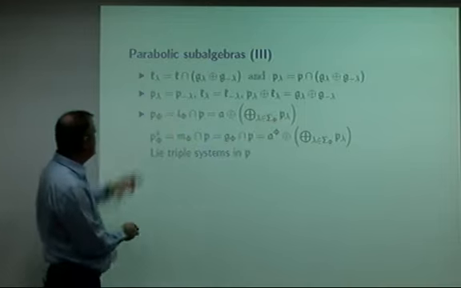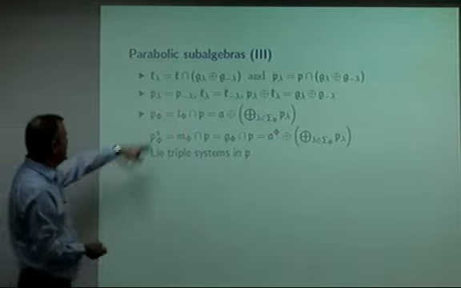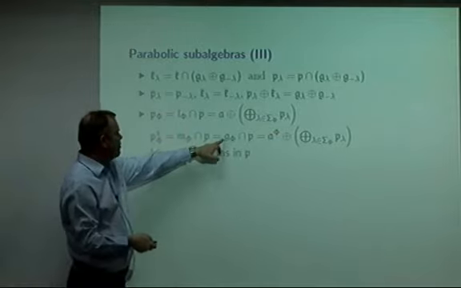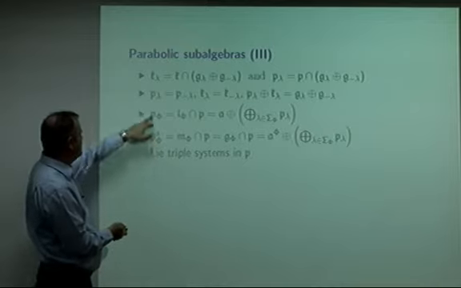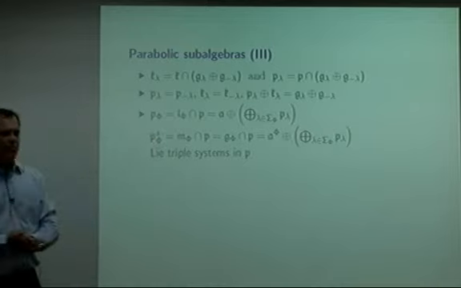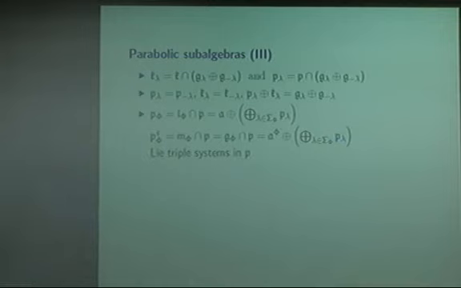So that's what we get, P phi, and when we take the intersection with M phi or G phi, that maybe doesn't matter, we get a subspace of this. And these are both Lie triple systems in P. Lie triple systems of P, perhaps you remember, correspond geometrically to totally geodesic submanifolds. This will give us the link to the geometry of the symmetric space and to the horospherical decompositions, this construction.